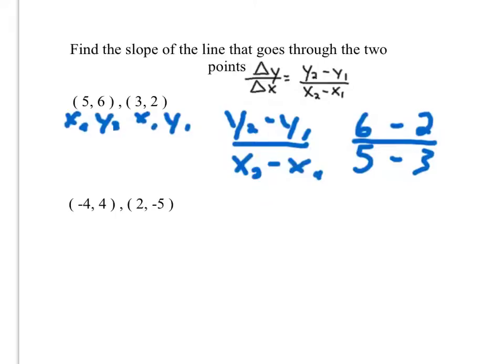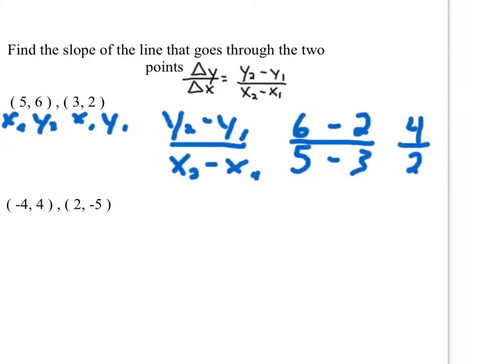And if I were to look at these, my x2 and my y2 that went together should be here. So my ordered pair was x5, y6. That matches up. And my ordered pair was x3, y2 for the second one. That matches up. Now this one, don't bother to change to adding, because this is just straightforward subtraction. 6 minus 2 is 4. And 5 minus 3 is 2.